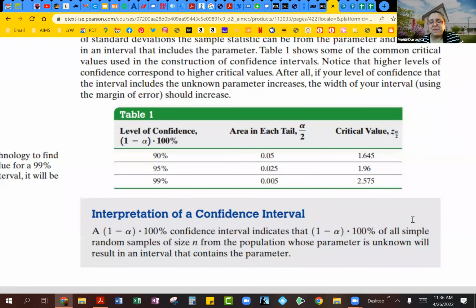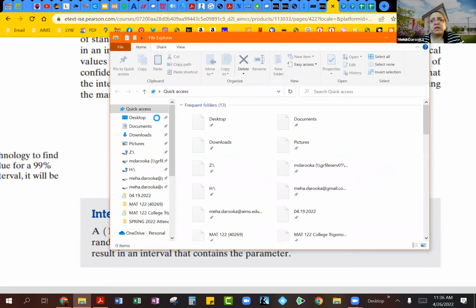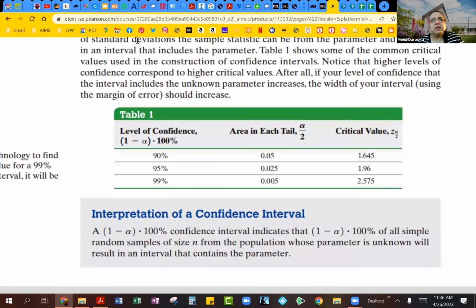Now, this same critical value can actually also be found through your normal distribution table. Let me see if I can find that. I actually didn't think about that before.